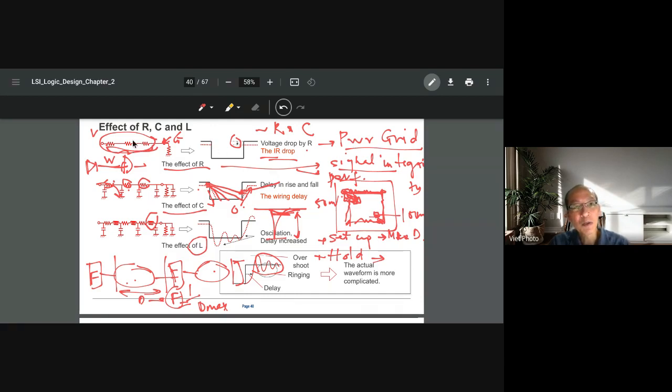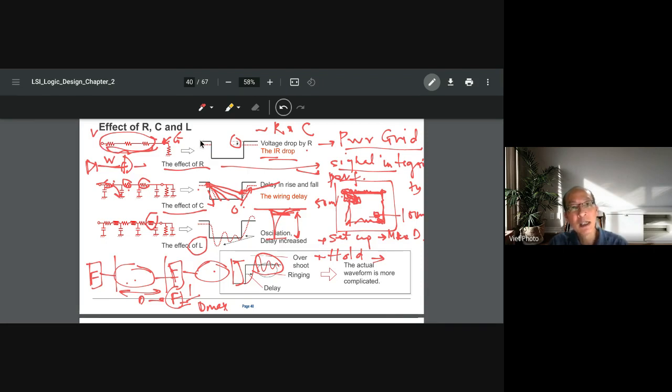For the power grid, they try to make the resistance as low as possible by using very thick layers and very wide wires to connect from here to here with the lowest resistance.